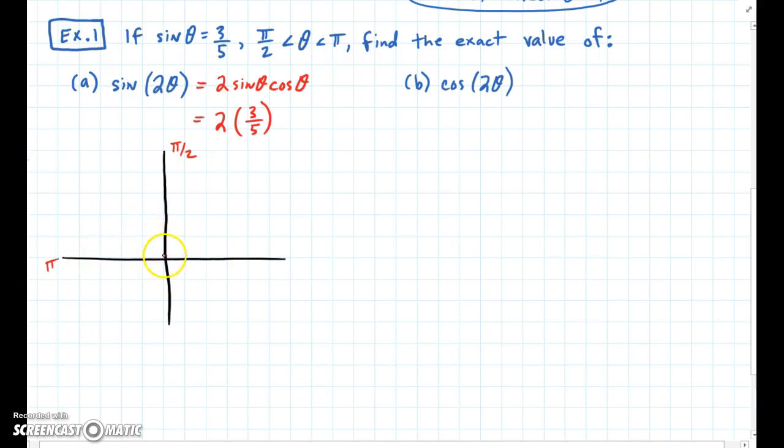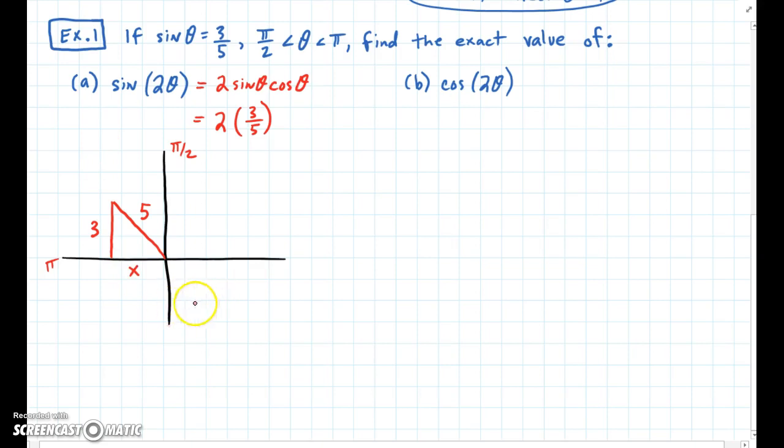Our triangle is in the second quadrant, where y is 3 and the radius is 5, and we're trying to find x.